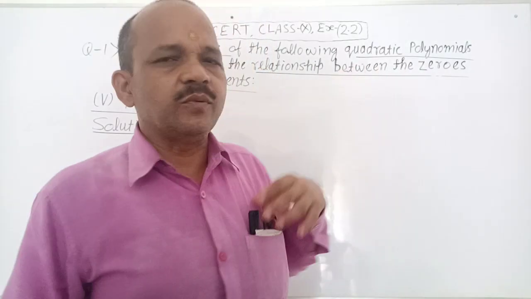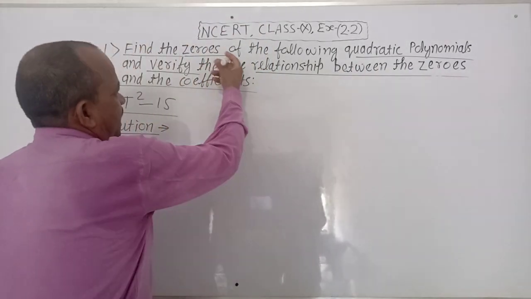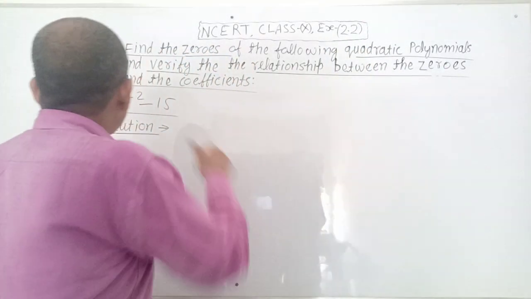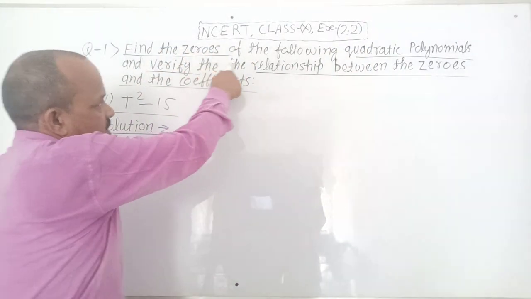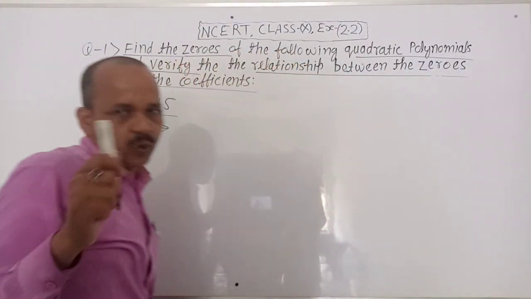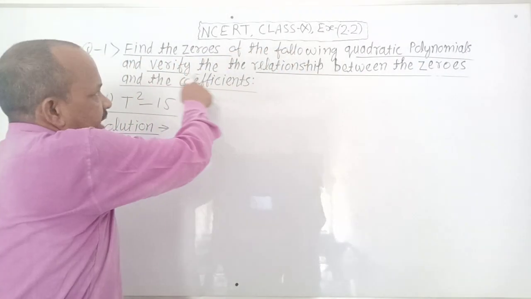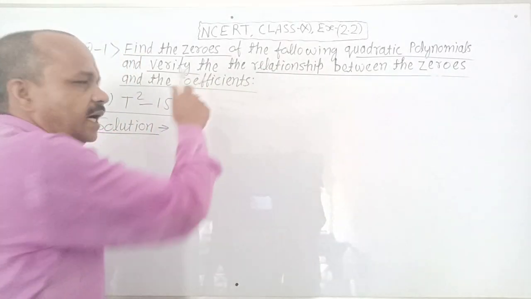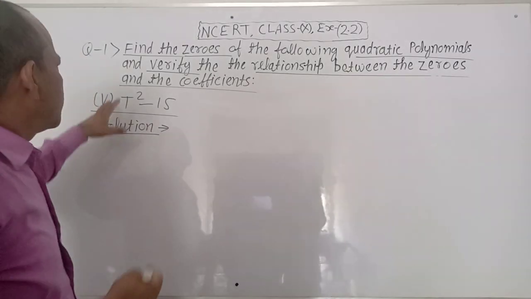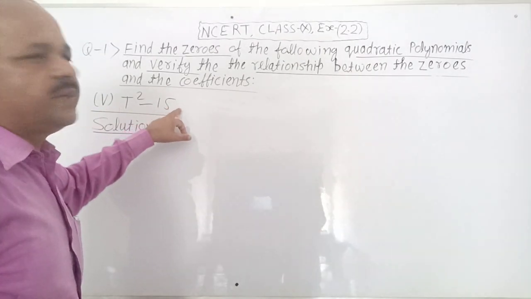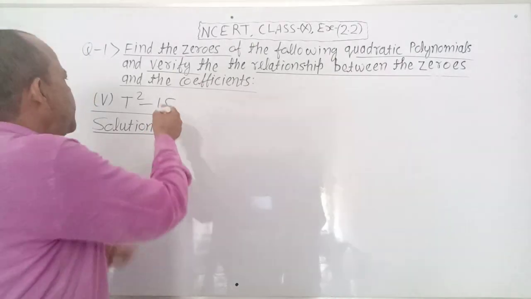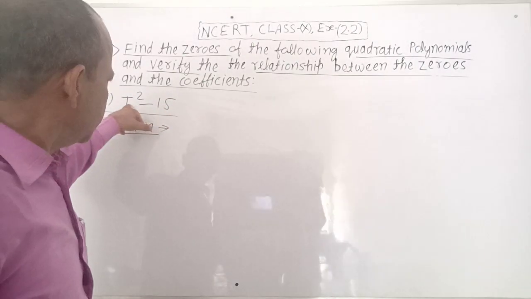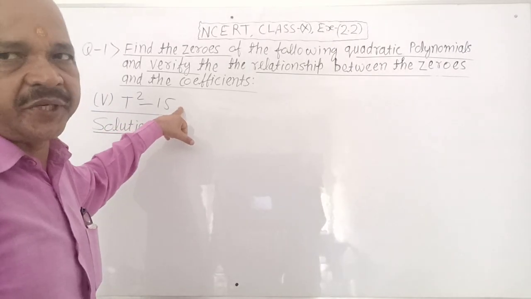Very good. See the book, NCERT class 10th exercise 2.2. Question 1: Find the zeros of the following quadratic polynomials and verify the relationship between the zeros and the coefficients. Question 1, part 5: t square minus 15.